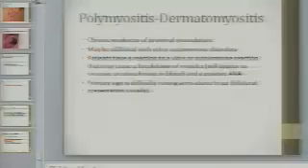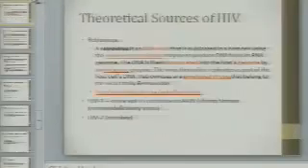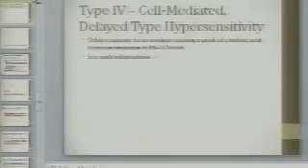Now, I believe I may have skipped over one little part. Okay, so I want to back up to hypersensitivity reactions. I apologize for that. These are just 4 little slides that are back in your notes. I skipped over these. I was thinking about it as I was going through.